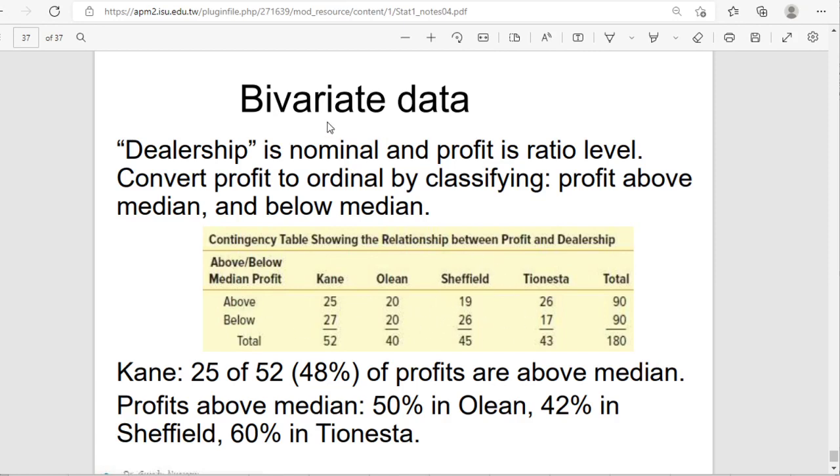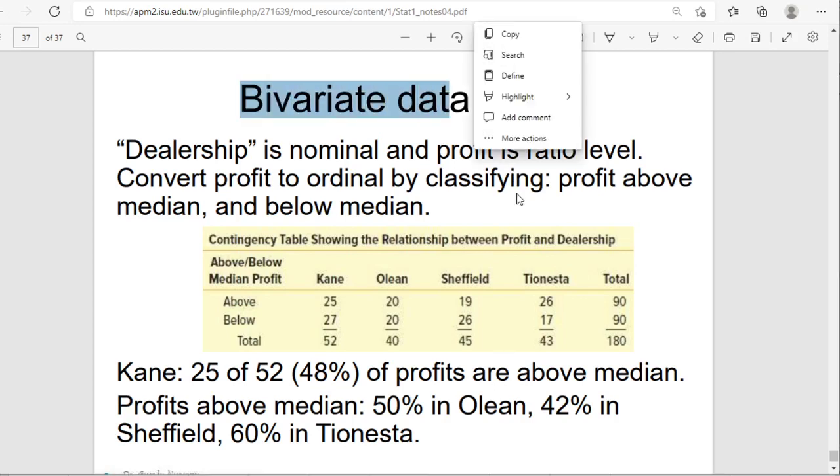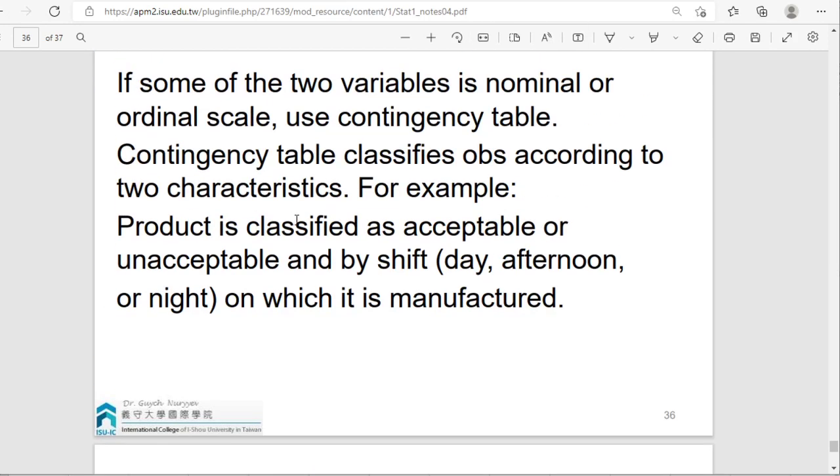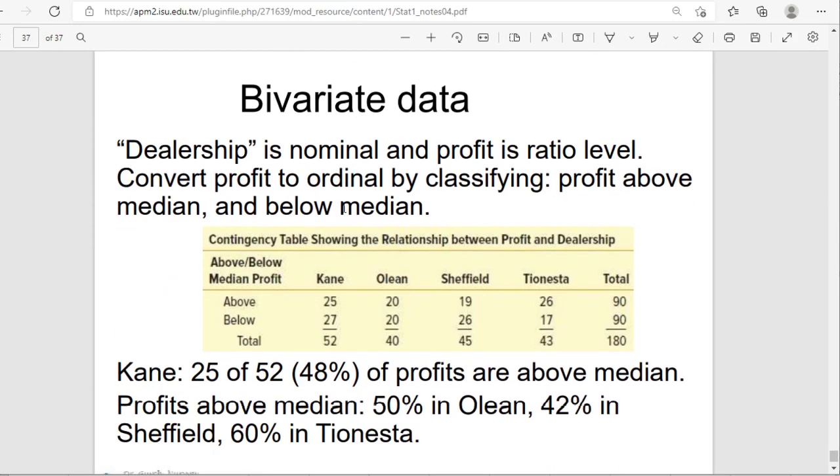So another way to illustrate this sort of bivariate data is with a contingency table. For the contingency table, we'll put this ordinal data in one of the columns, and the rest of the observations go in the rest of the columns.